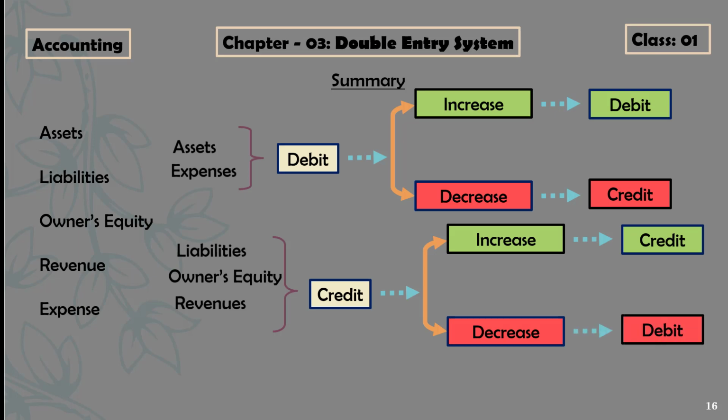So for these 3 accounts, since they are all credit accounts, if they increase, we will credit them, and otherwise we will debit them.